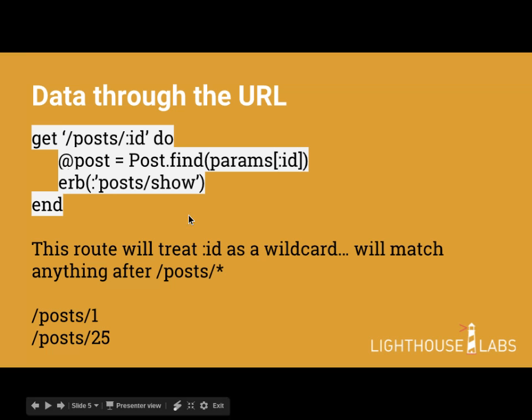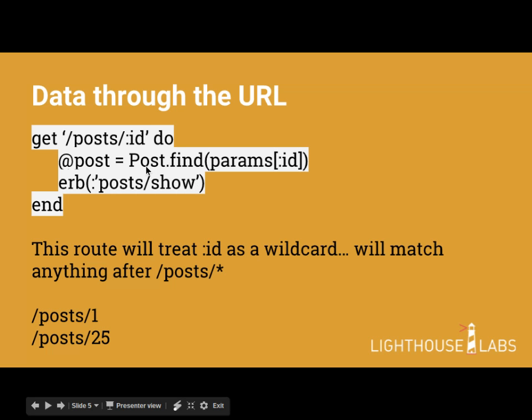The one thing to take away from these slides, though, is that to get this data, it's pretty much identical to what you've already experienced making GET requests with, say, you're doing a search on Google, or you just want to see one specific post. You provide that parameter in the URL. You retrieve that value from the params hash. This is all old stuff. And you retrieve it from the database, which is what's happening here.